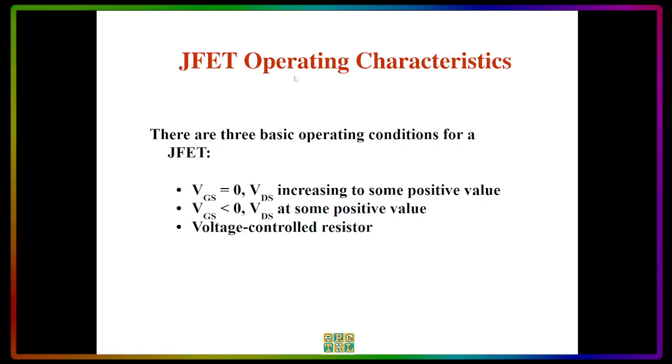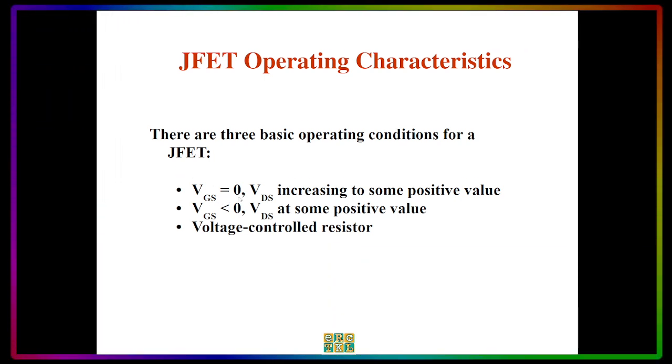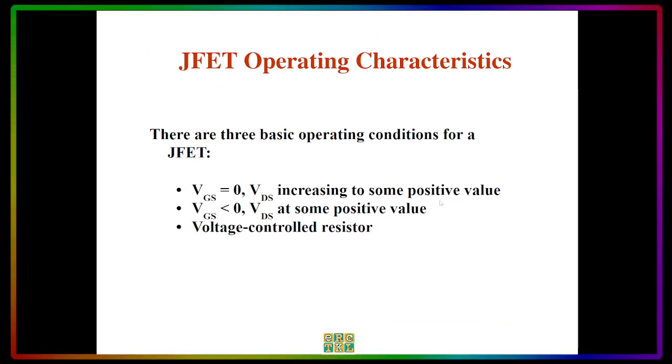Now for the JFET operating characteristics, there are 3 basic operating conditions for a JFET. The first one is that the VGS is equal to 0 volts, so the VDS will be increasing, of course, to some positive value.